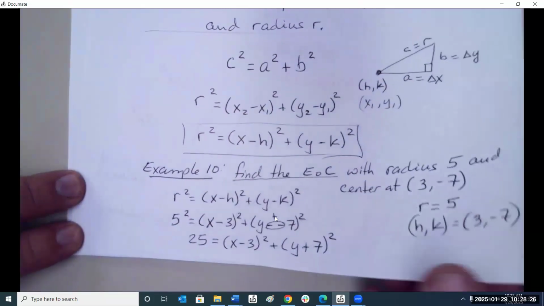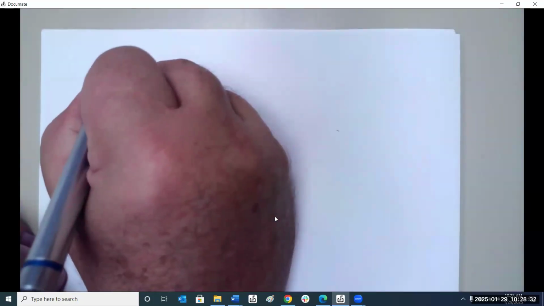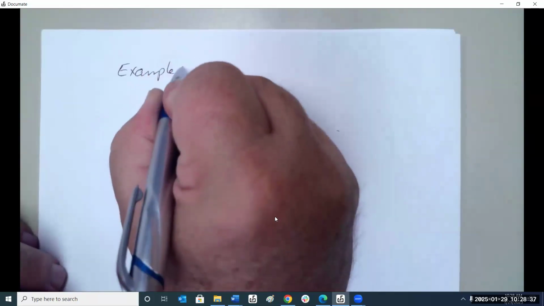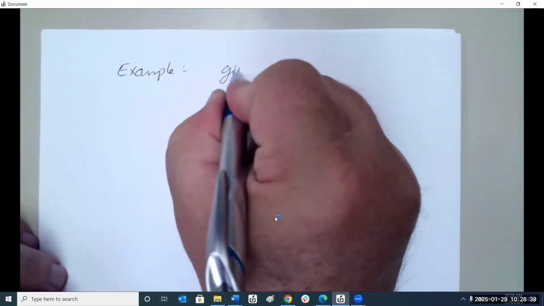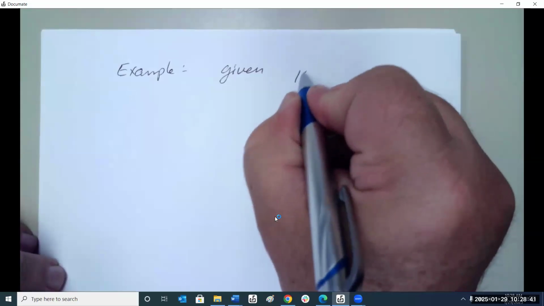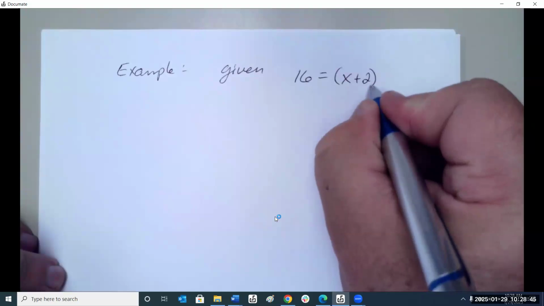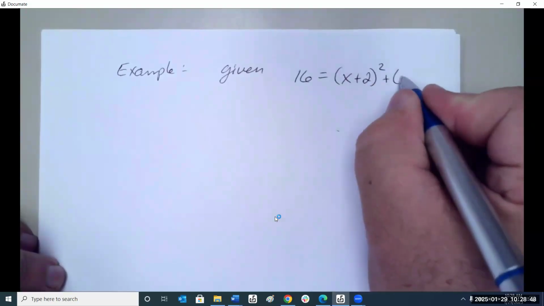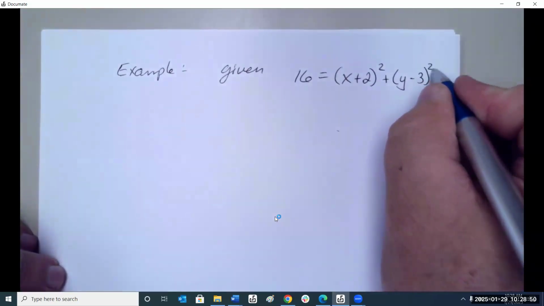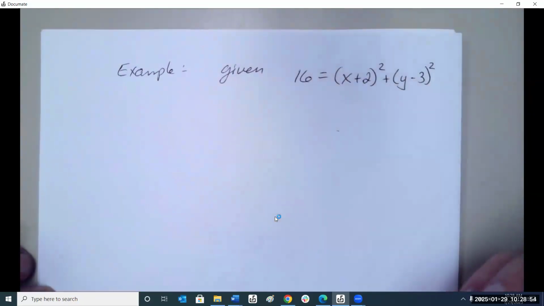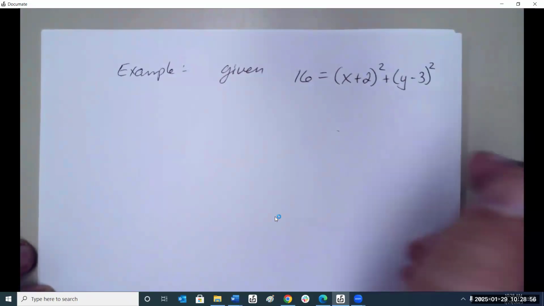Let me do another one. Example. Given the equation of a circle, 16 equals x plus 2 squared, y minus 3 squared.